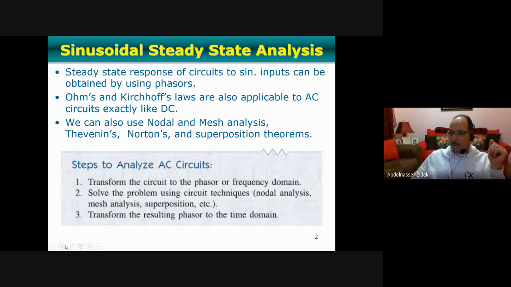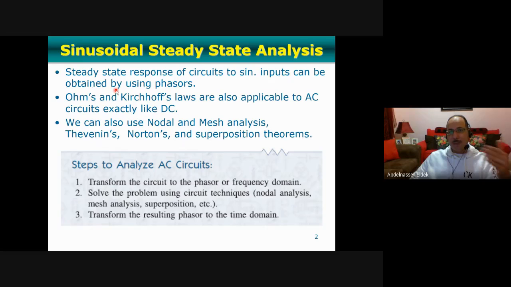As I mentioned, the steady-state response of the circuit to sinusoidal input, which could be sine or cosine, can be obtained by using phasors. This is the easiest method to find the current and voltage in the circuit. This is what we call circuit analysis, how to find voltage and current.